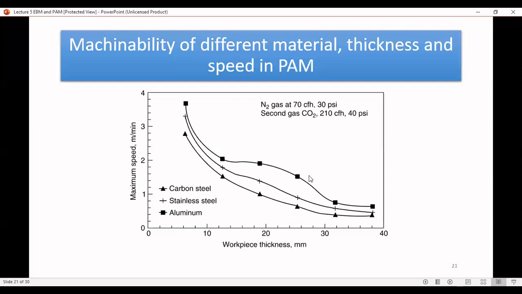For example, if you're talking about aluminum at a thickness of about 35 mm, you're at this point, and your maximum speed is about 0.8 meters per minute. Then you have to make an assessment whether this speed is good enough, economical enough for your application or not. This is one of the considerations that you have to think about.